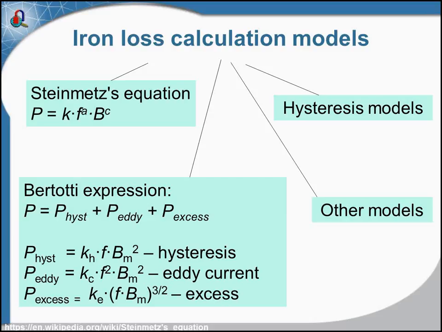Factors used in both approaches: frequency of the magnetic field alteration, symbol F in the slide, and magnetic flux density, B. Also, several numerical constants are used which should be obtained from experiments or provided by the magnetic material vendors.